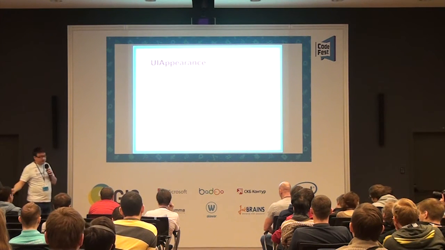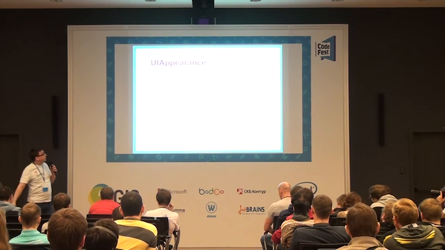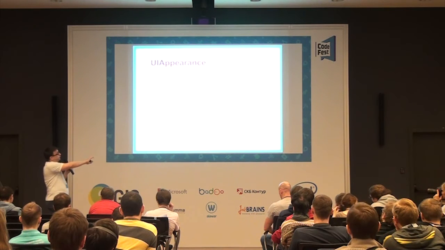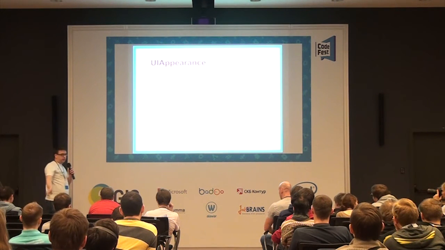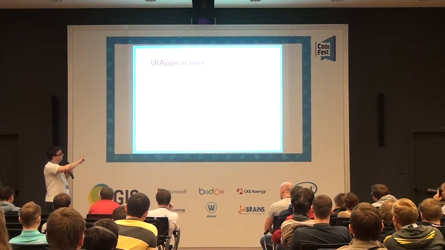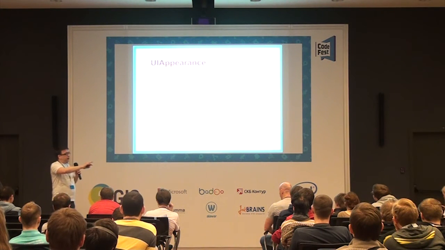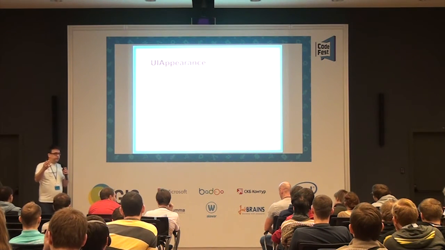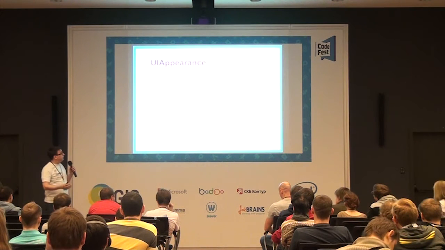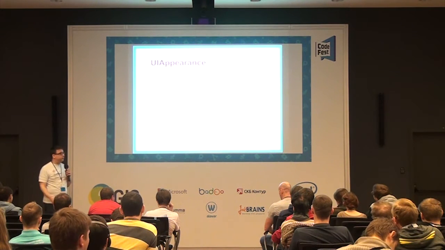This has the advantage that you can do all of this in one place and not be bothered with it when you actually create your views, your view hierarchies, your other user interface elements.